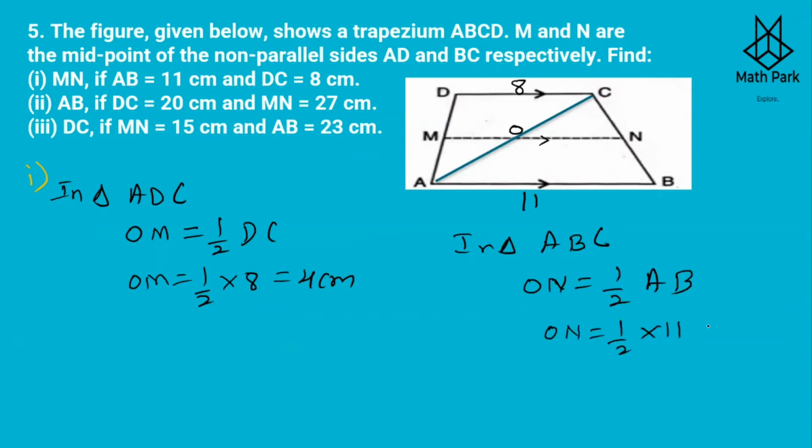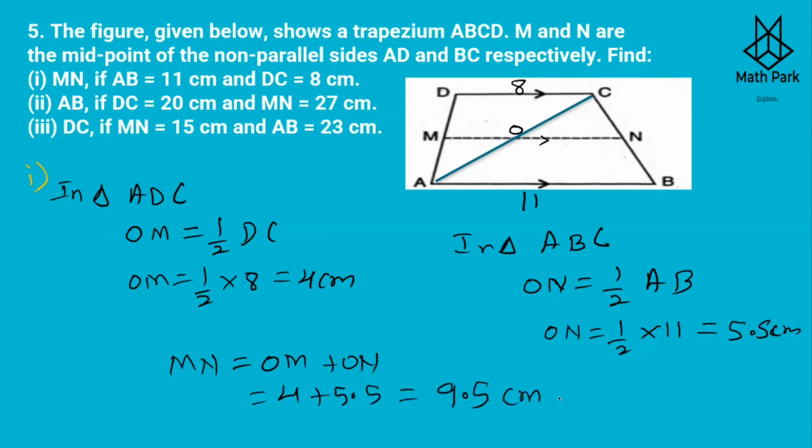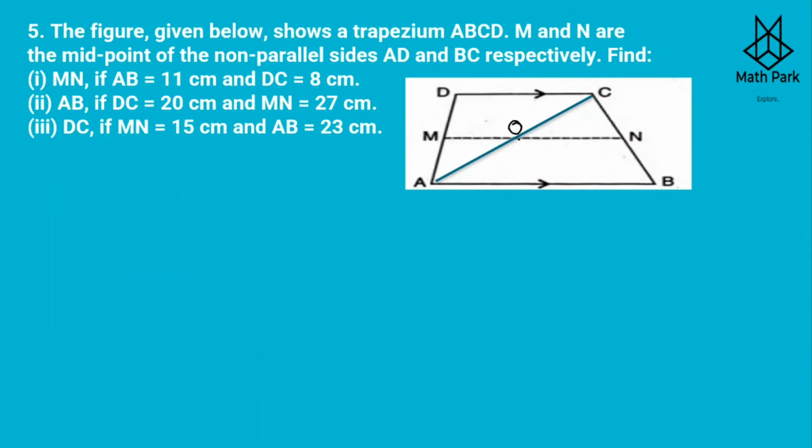AB is given as 11, which is equal to 11 divided by 2, which is 5.5 centimeter. And that is how you get MN is equal to OM plus ON, which is equal to 4 plus 5.5, which is 9.5 centimeter. Got it? By converse of midpoint theorem, we have O is the midpoint of AC. And now let us start with the second part.